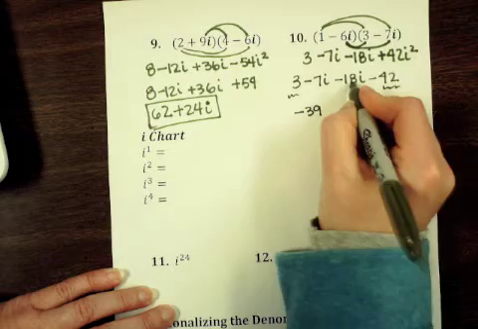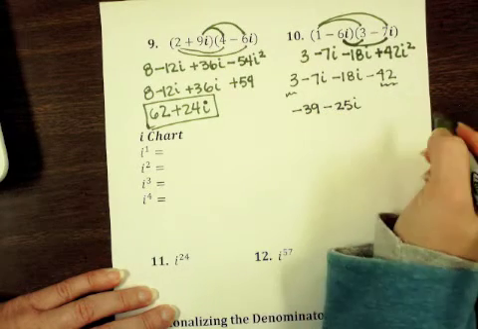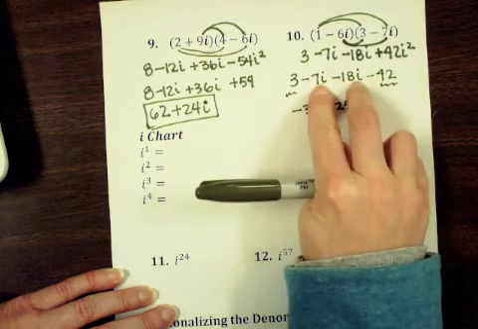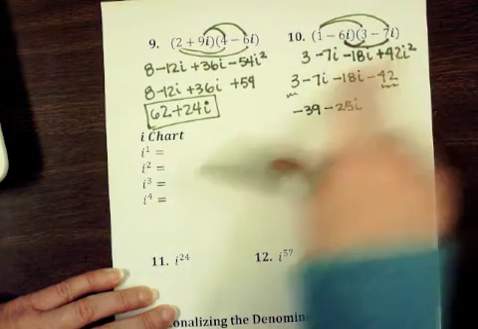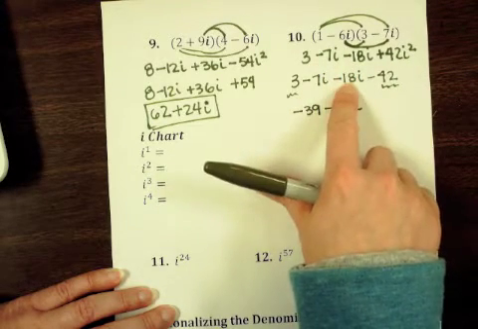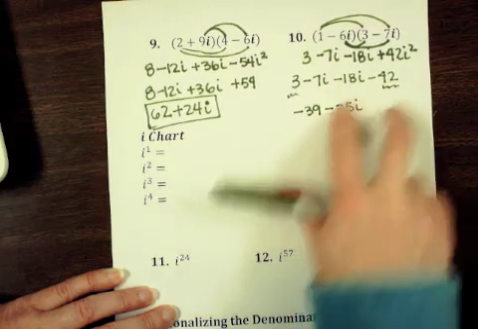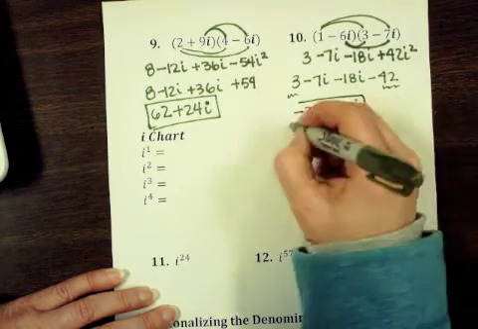Negative 7i and negative 18i is going to be negative 25i. Again, combining like terms, we don't change it. Only multiplying i times i gives you i squared. So subtracting 7i and 18i or combining like terms does not give me an i squared. It just gives me more i's. And that's your final answer.